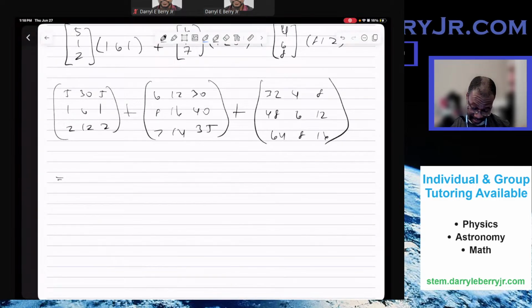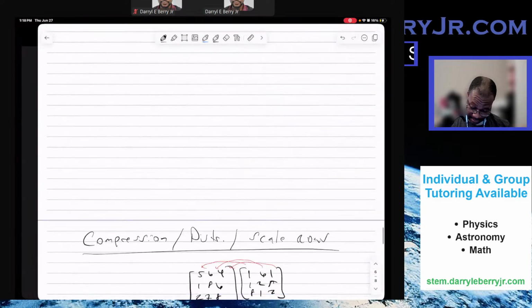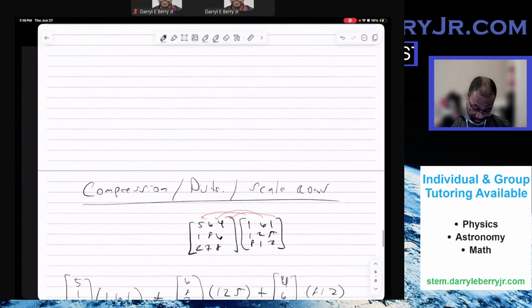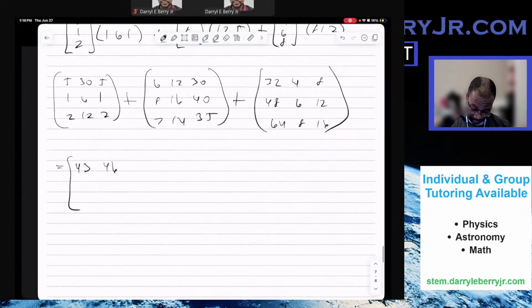So we have 43, 46, 43. This method is easier than the last one.